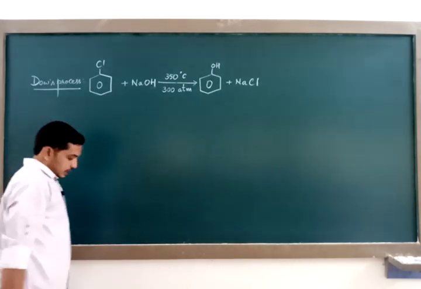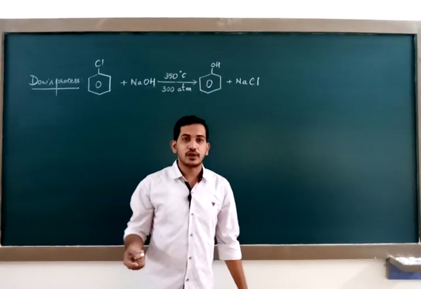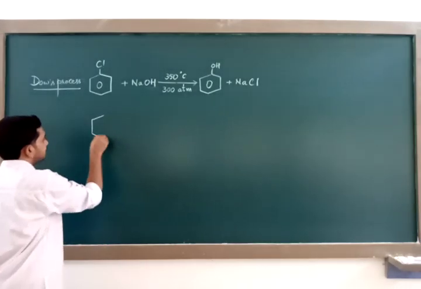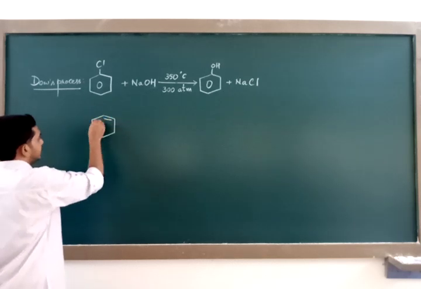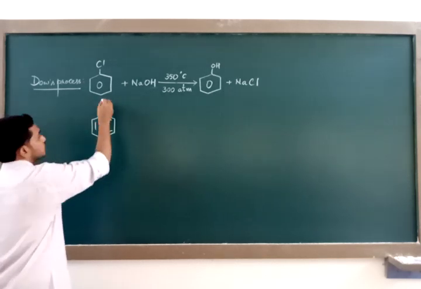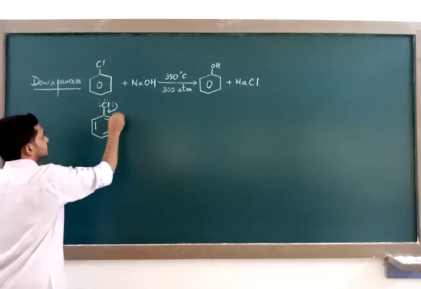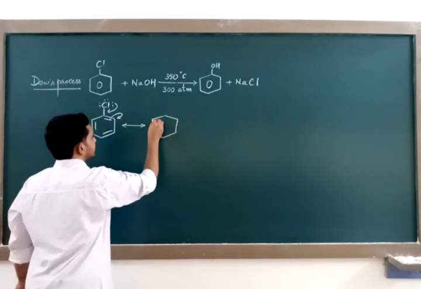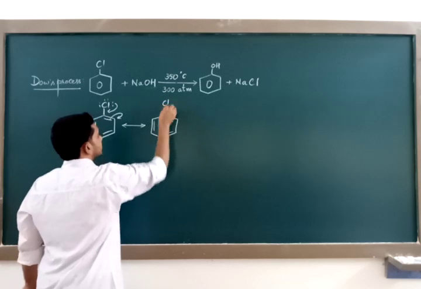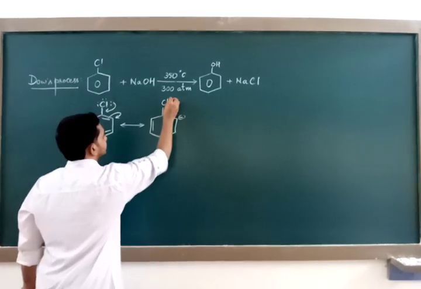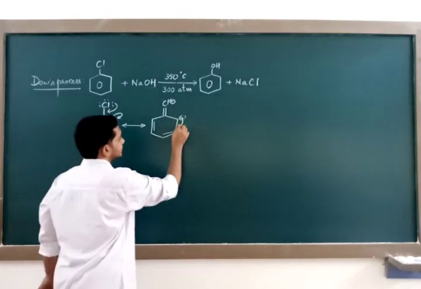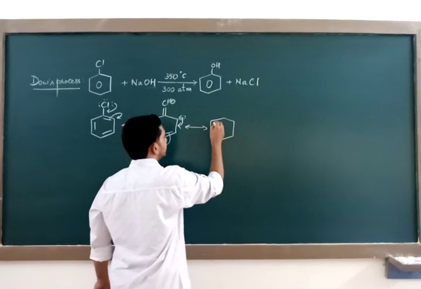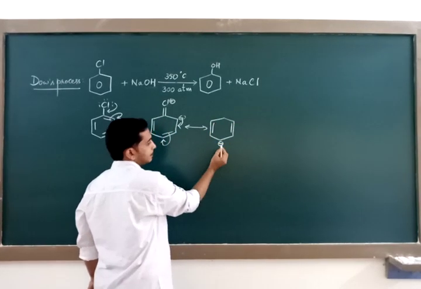Now, while you write the resonance structures for haloarenes, especially chlorobenzene, you notice that the negative charge always appears at two positions. Let us see this example, again, the resonance structures. You will notice in these structures that the negative charge appears for the first time in this position. Then again in the next structure, the negative charge appears at this position.